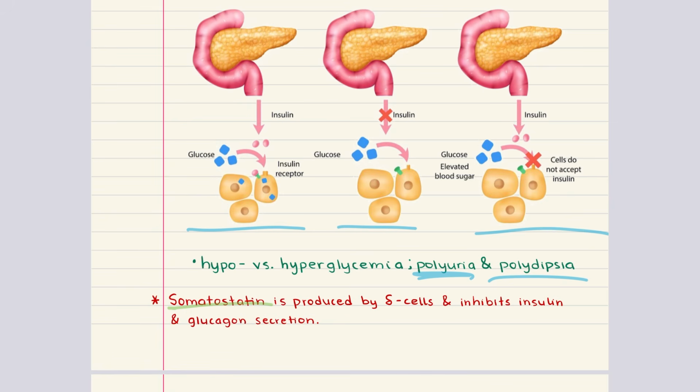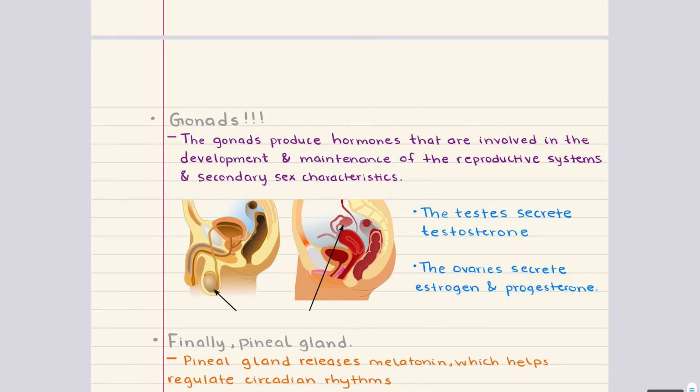Next up, we have the gonads, which serve a dual role as both reproductive organs and endocrine glands. Now, in males, the testes produce testosterone. This is a hormone that's responsible for the development of the male reproductive system and for the emergence of secondary sex characteristics like the deepening of the voice, facial hair growth, and increased muscle mass.